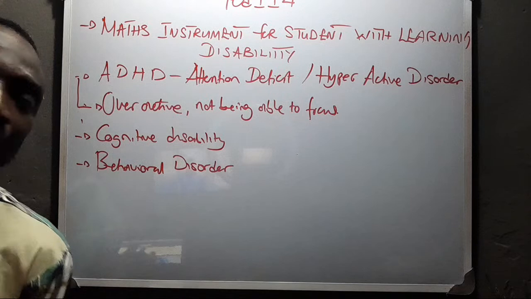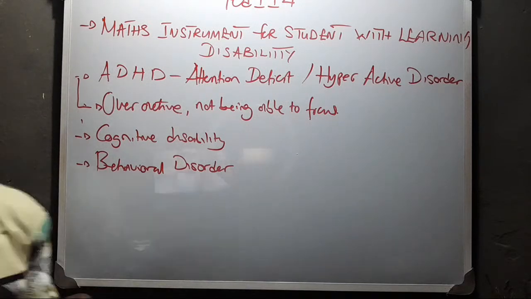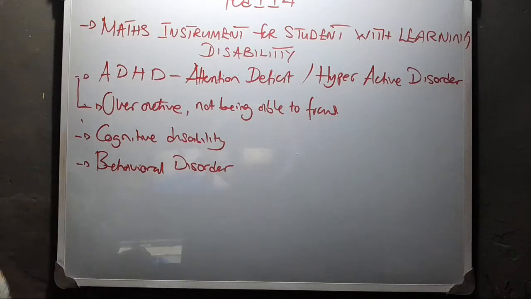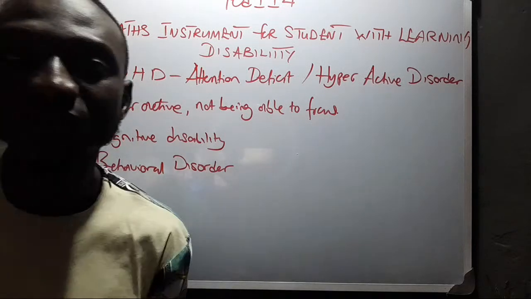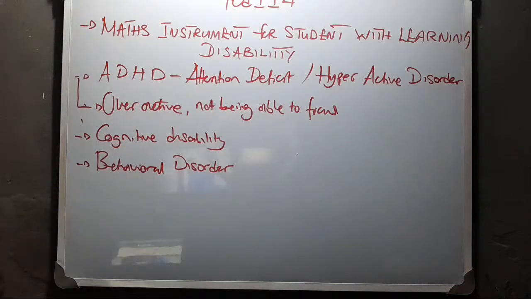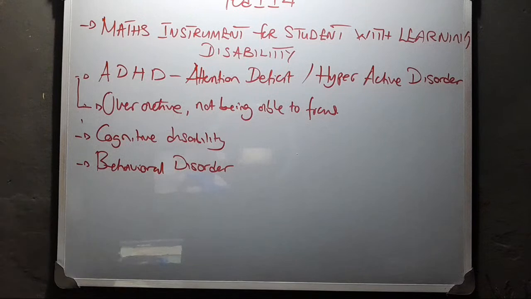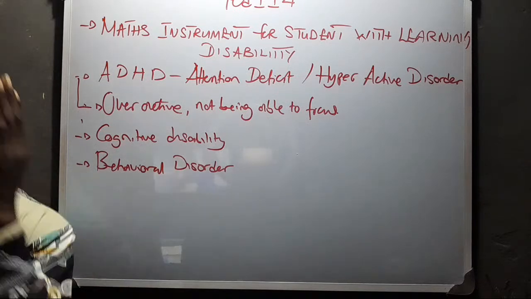Just to mention but a few, for students that suffer from these varieties of disability, what instruments can be used to help them learn mathematics, even as we might have observed that they have certain disabilities?